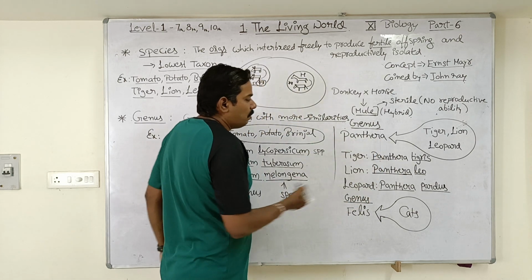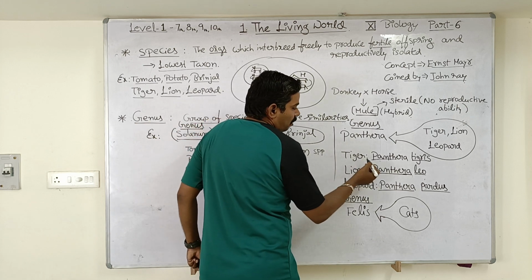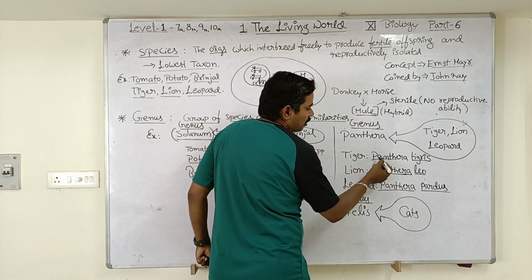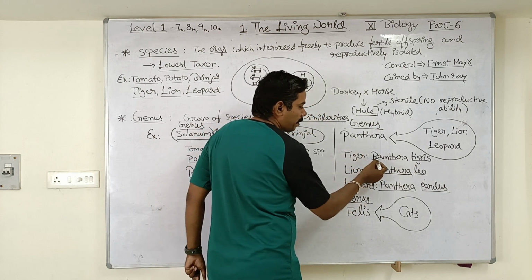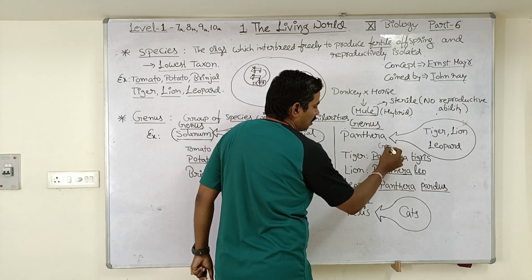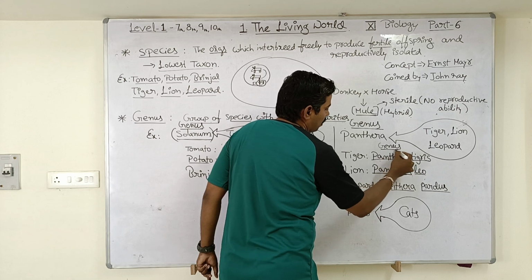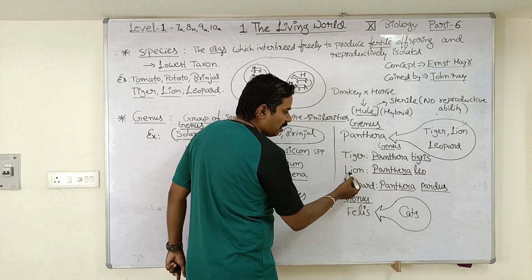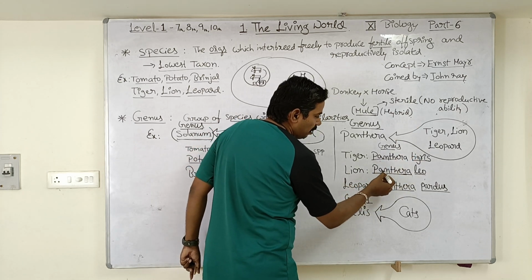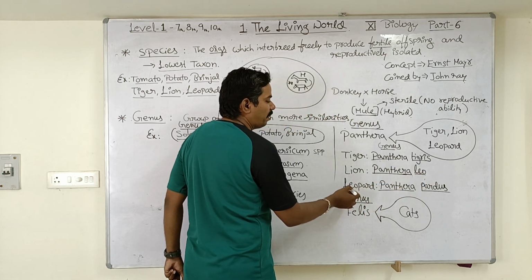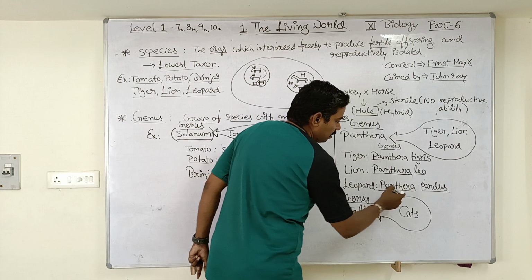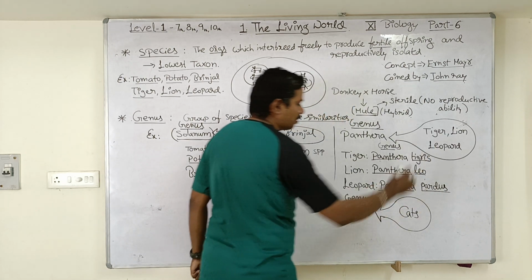Now, while we write the scientific name of tiger, we will write Panthera tigris. Panthera represents genus. Tigris represents species. Lion scientific name: Panthera is the genus, but species is leo. Leopard scientific name again Panthera genus, species name is pardus.